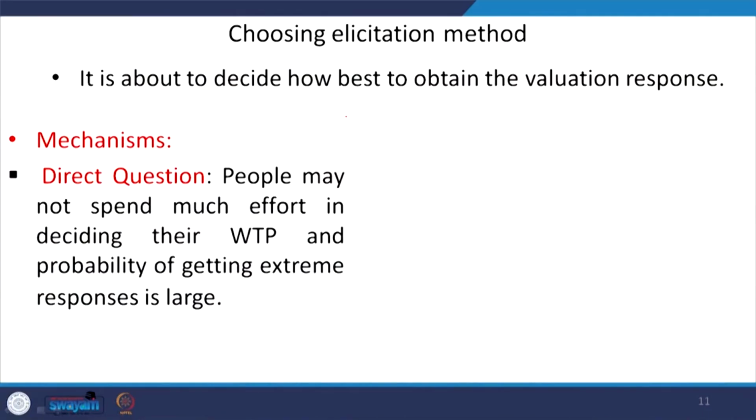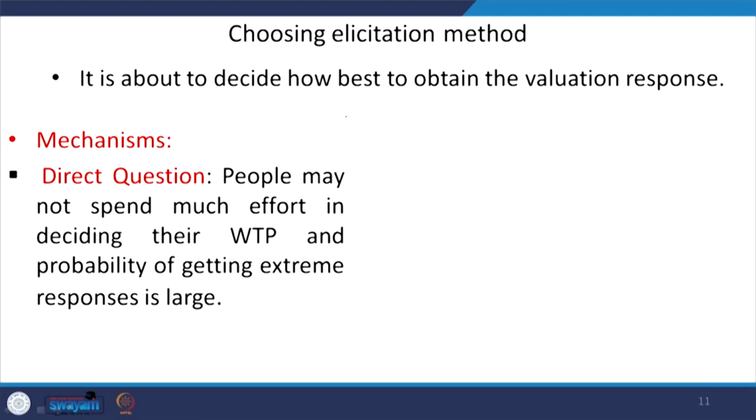So, the first one can be in terms of direct questions. Here the interviewer will be directly posing questions to the respondents. People may not spend much effort in deciding their willingness to pay, and the probability of getting extreme responses is very high.